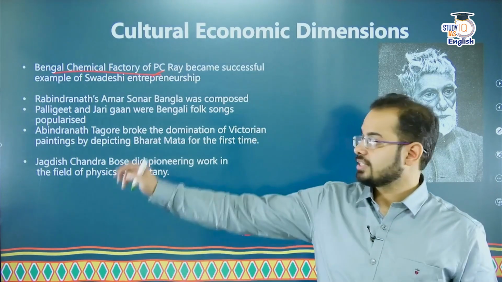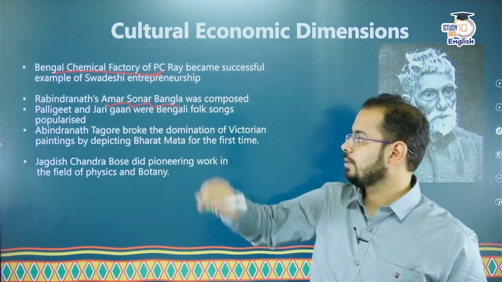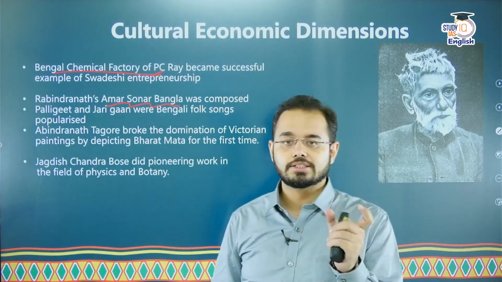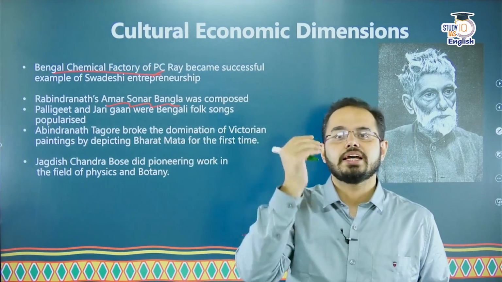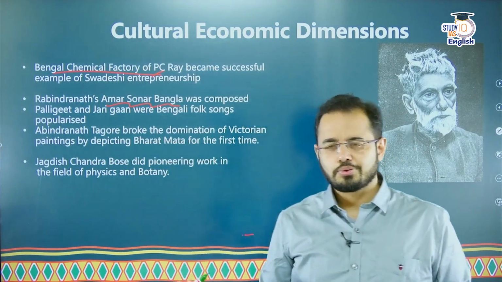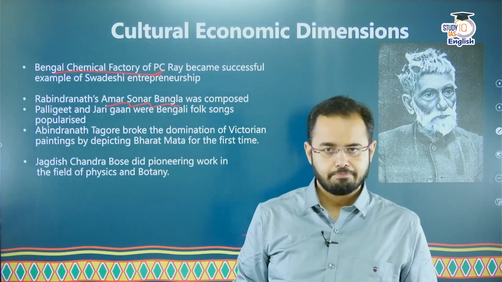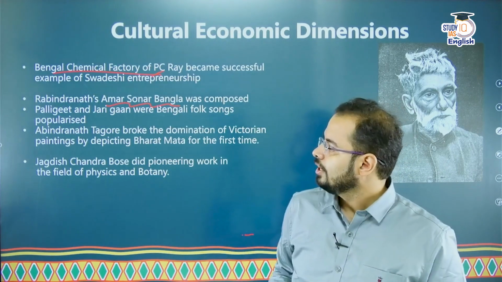Rabindranath Tagore started with his writing of Amar Sonar Bangla. Amar Sonar Bangla is a poem which has now been adopted by Bangladesh as their national anthem. He also wrote many novels like Ghare Baire at this point of time.